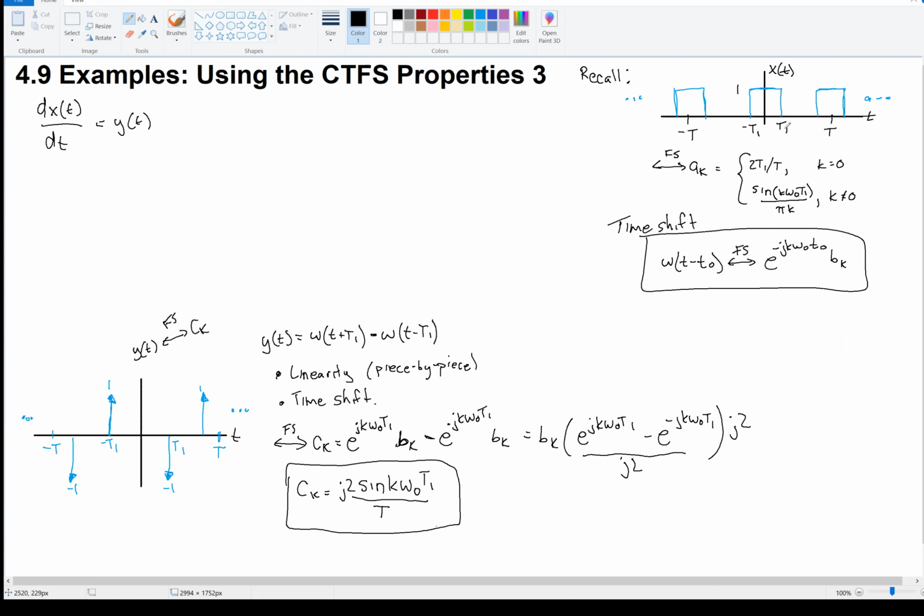And then at t1, I go from 1 to 0 instantaneously, so I have a negative spike in the derivative, and that's exactly what I have here. And it repeats. So hopefully you understand from calculus that the derivative of this square wave is in fact y of t, these spikes.